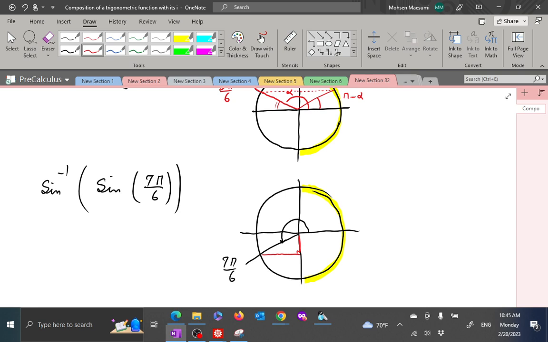What angle has the same sine? I go to the other side. This is the angle I'm after. Well, what's a simple recipe, given that this angle 7 pi over 6 is given? How do I find this one? Pi minus 7 pi over 6. That's going to give my location, minus pi over 6.